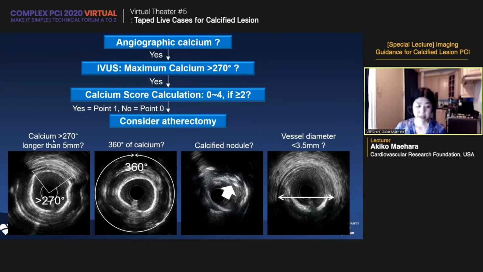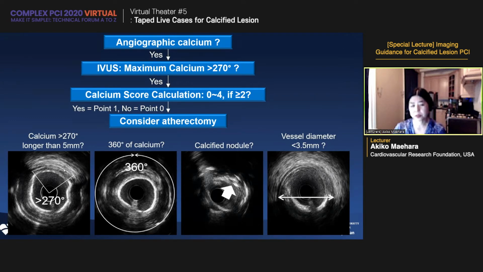The first, maximum calcium is more than 270, and the total length of the 270 calcium is longer than 5 millimeter. The long big calcium is the most important. Second, circumferential calcium. 360 degree calcium is completely different compared to, let's say, 340.